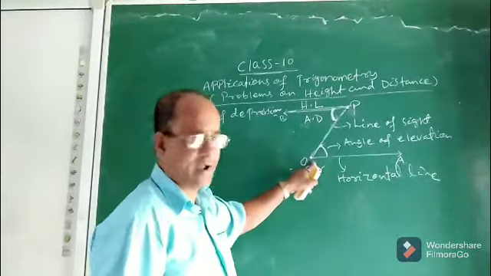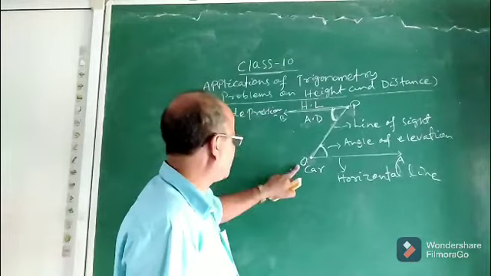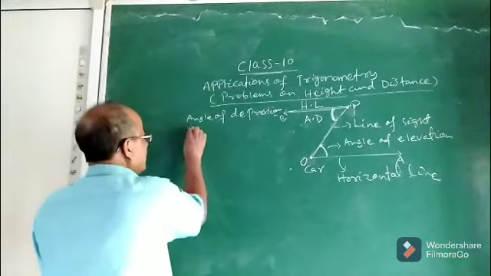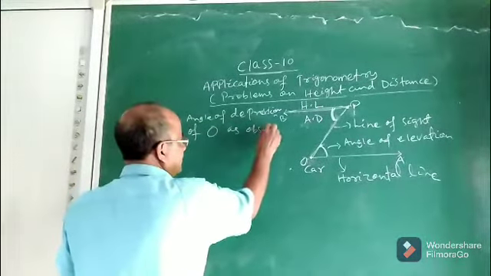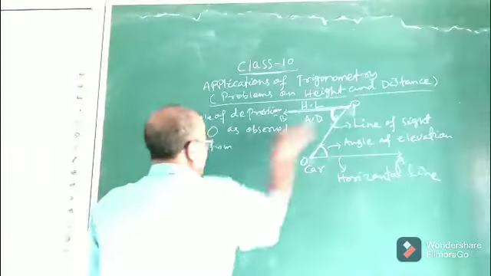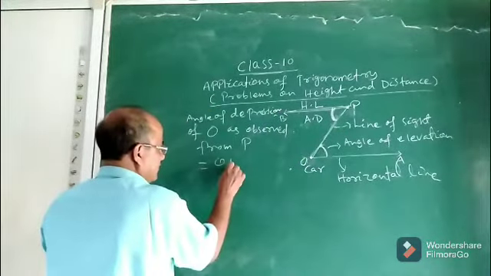So angle of depression of O, as observed from the point P, equals angle OPB.